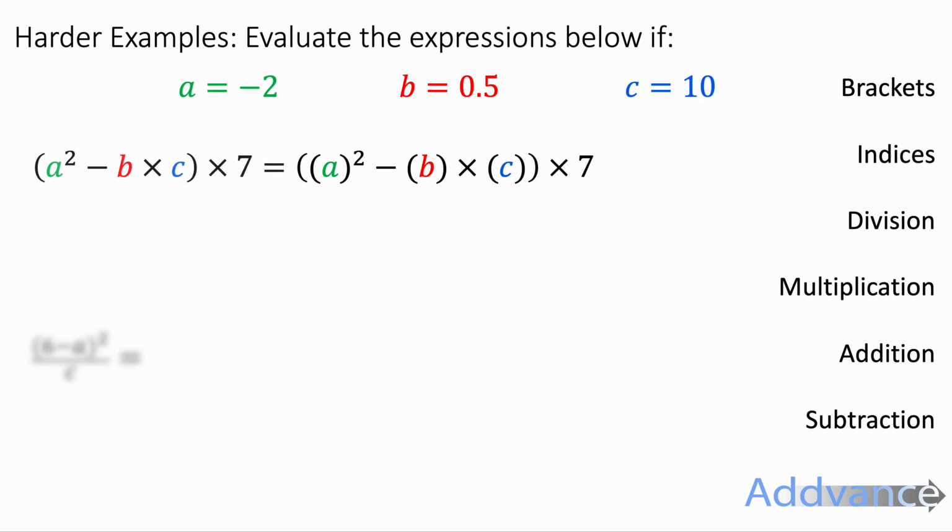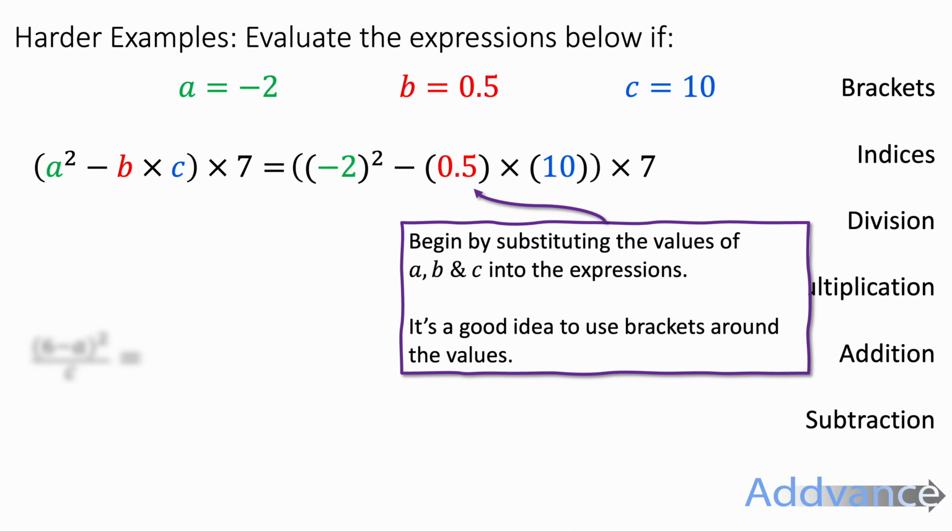When you substitute them in, I would recommend you putting them in brackets so it's easy to keep track of these numbers. So replace the a with minus 2, the b with 0.5, and the c with 10. It's a good idea, as I say, to put these in brackets when you substitute them in.